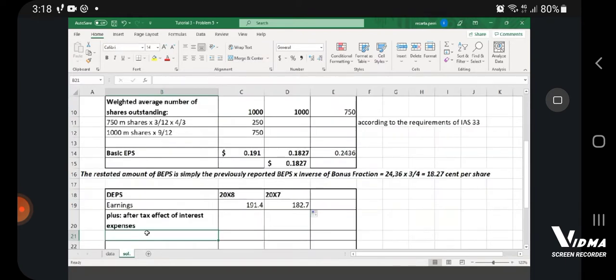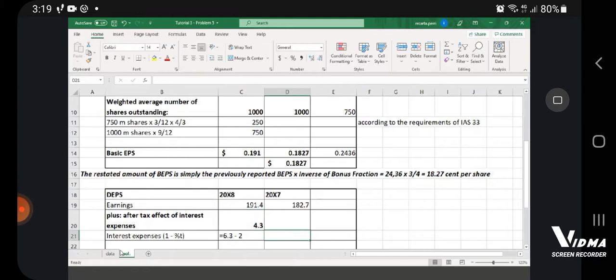That means the formula that we know, interest expenses multiplied by 1 less the percentage of taxes, is even easier to apply over here, because we know that the interest expense is 6.3 million in the current year, and the tax effect is 2 million. That means over here I will have 4.3 million after tax effect.